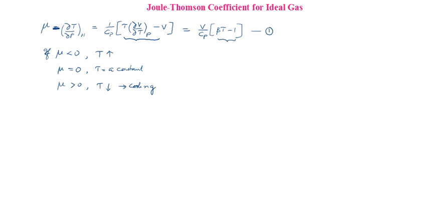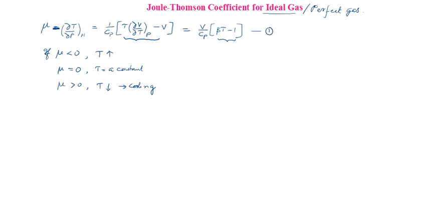Now in this video we will discuss the Joule-Thomson coefficient for an ideal gas or a perfect gas. An ideal gas is otherwise known by the term perfect gas. We mean the same, perfect gas.